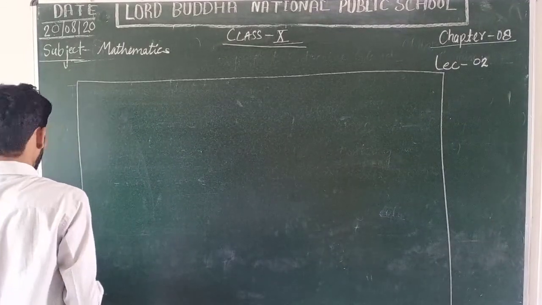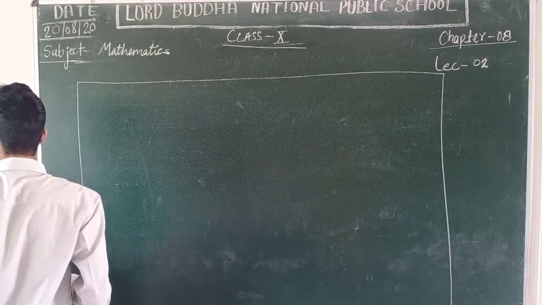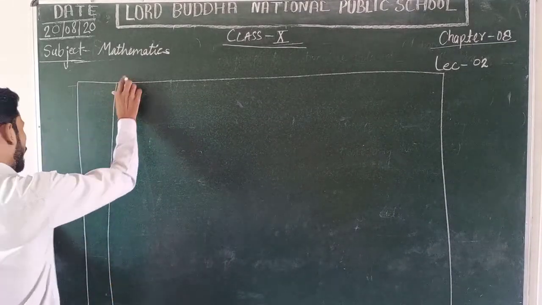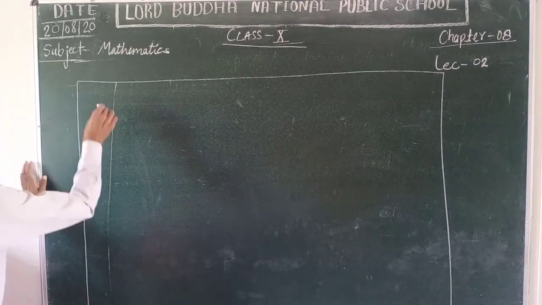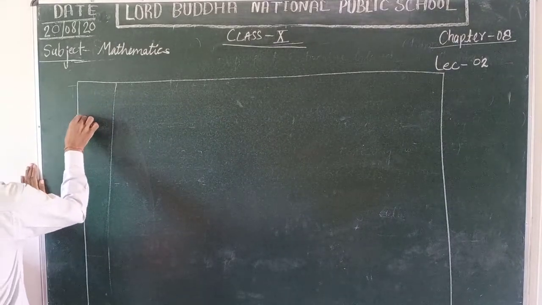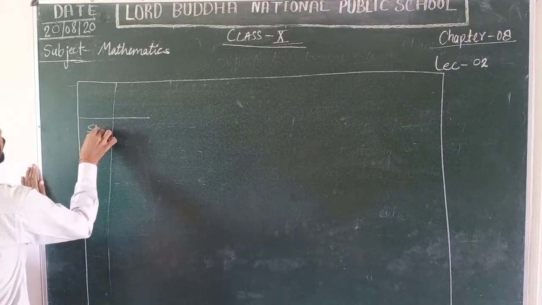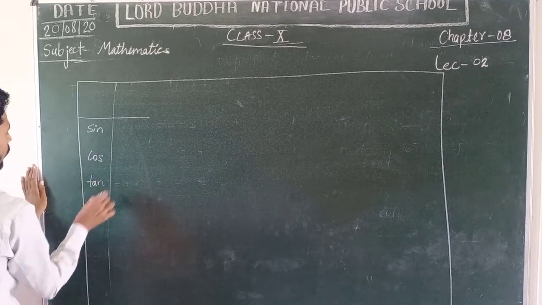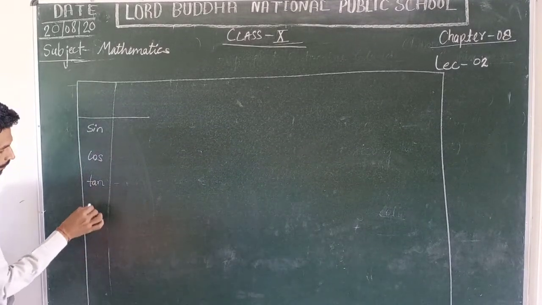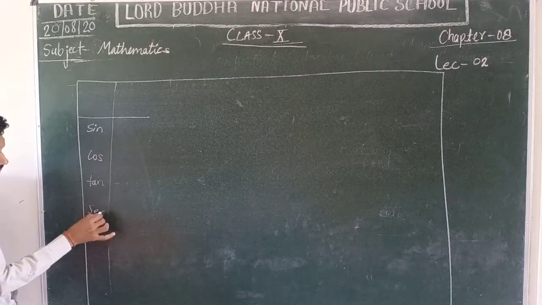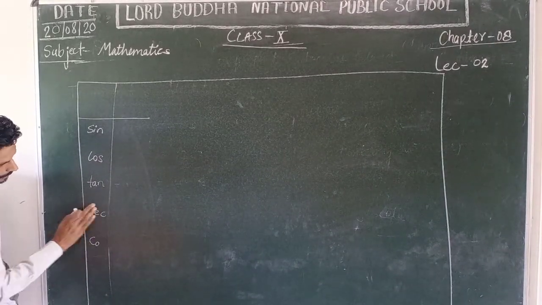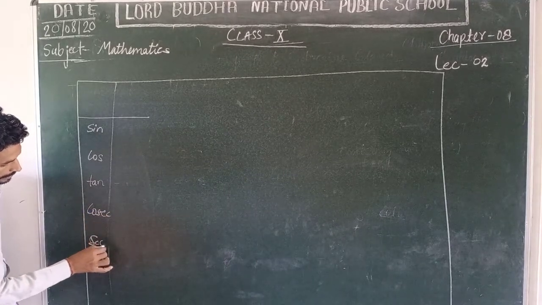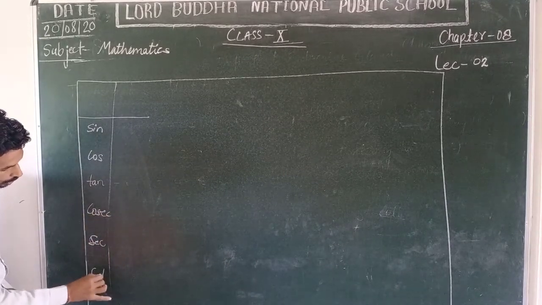So here, in column number one, I will write the functions like sin theta, cos theta, tan theta, sec theta, cosec theta, and the last one is cot theta.